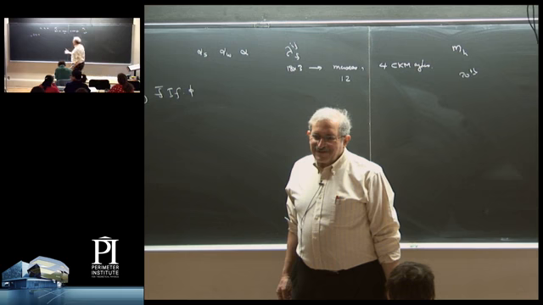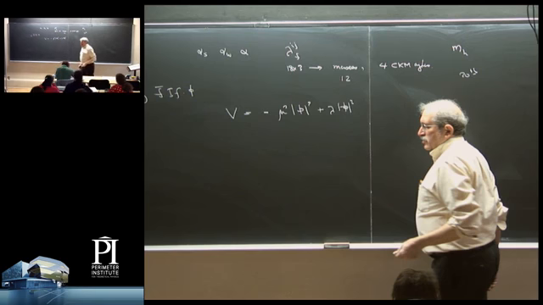Okay, let me write this equation on the blackboard because it's actually the first equation in today's lecture. Minus mu squared phi squared plus lambda phi to the fourth. So I can just write down this potential. And that potential has a shape that looks like this. And it has a minimum.